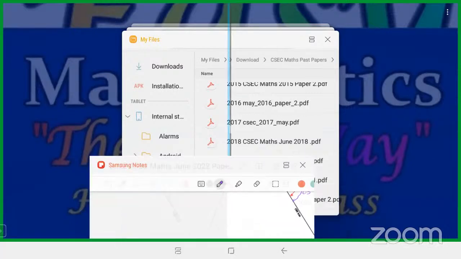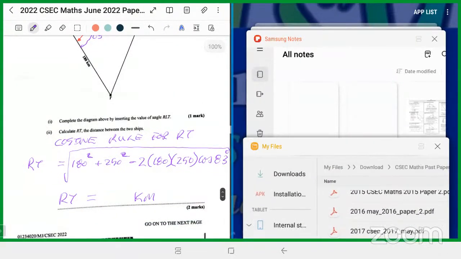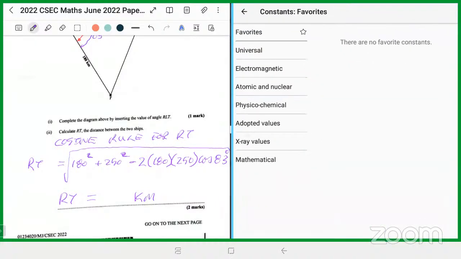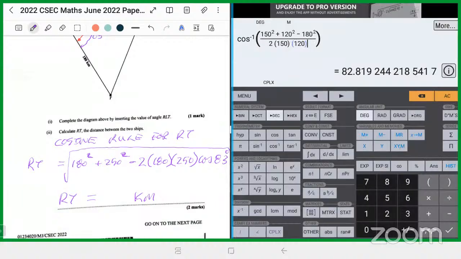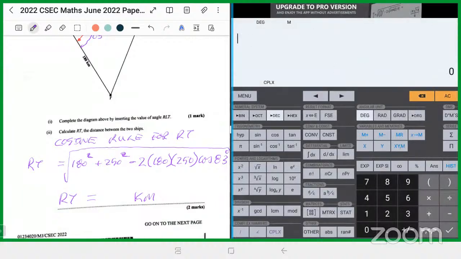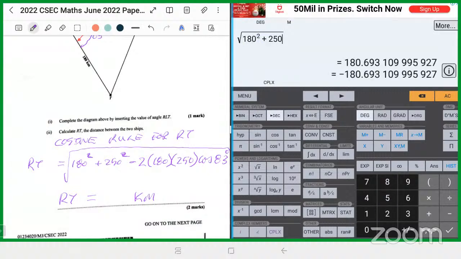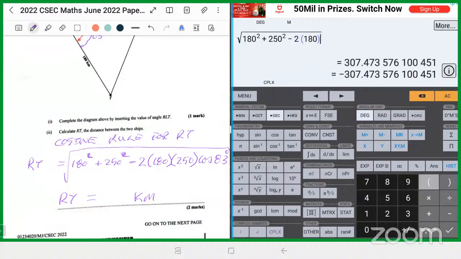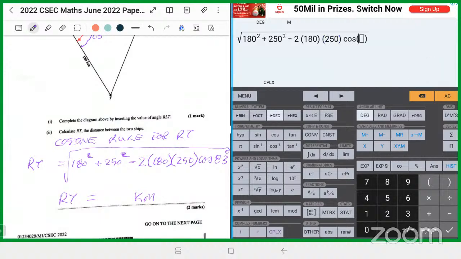Okay, so calculator. And it says we are going to do square root of 180 squared plus 250 squared minus 2 bracket 180 close bracket open bracket 250 close bracket, and then the cosine of 83.